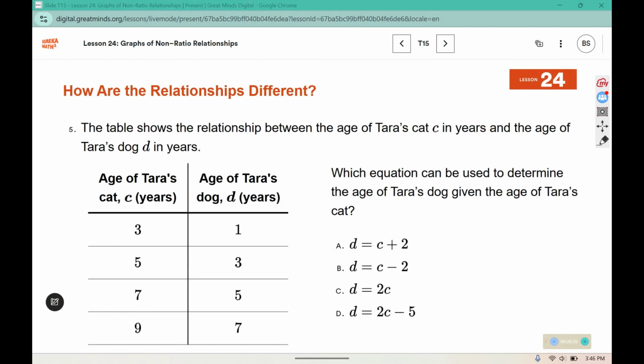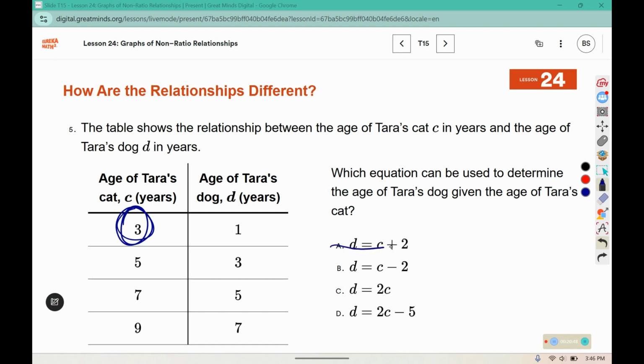The table shows the relationship between the age of Tara's cat in years and the age of Tara's dog in years. Which equation can be used to determine the age of Tara's dog given the age of Tara's cat? So if we start with the cat's age, 3 plus 2 is 5.